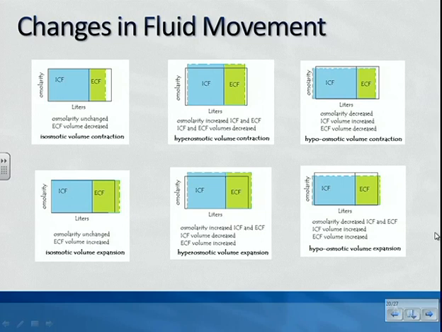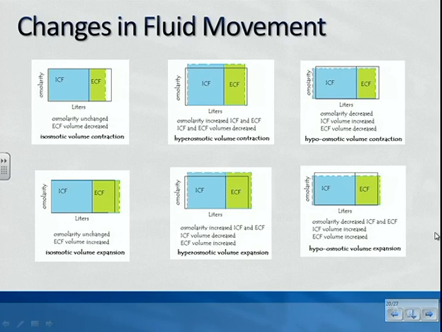Now, if I infuse you with isotonic saline, it's going to go into your blood and your extracellular fluid. Have I changed your osmolarity? No. But have I changed the volume? Yes. So which of these would represent what you would get if I infuse you with isotonic saline? You would have isoosmotic volume expansion.